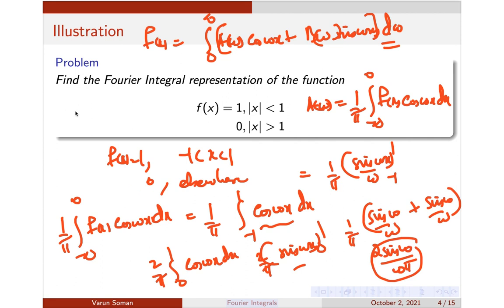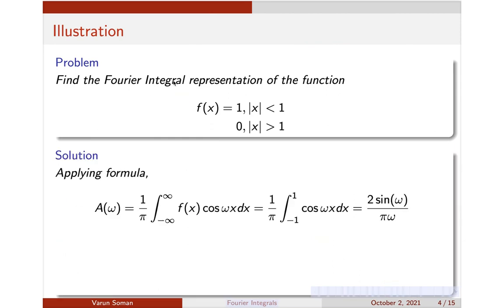Okay, so what is your b omega? If you have understood the odd or even function concept, you know that the value of b omega is 1 by pi into integral minus infinity to infinity f of x into sine omega x dx.